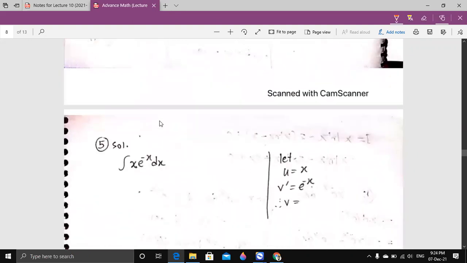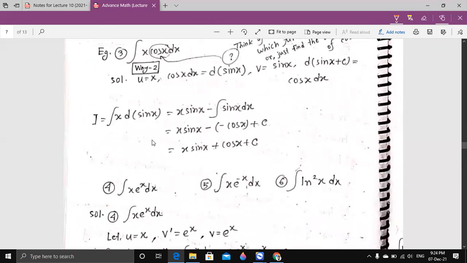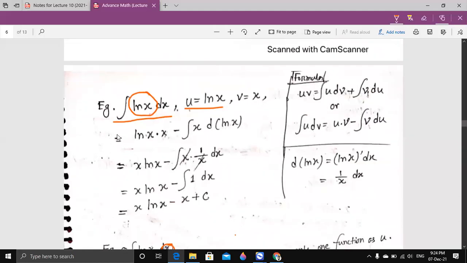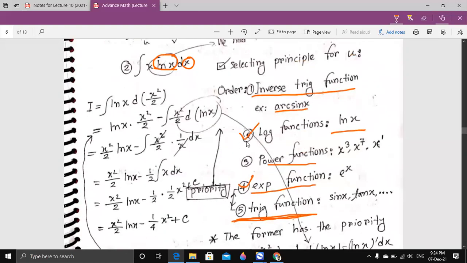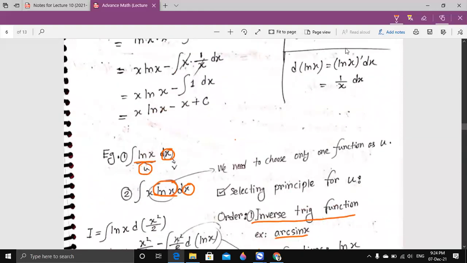So in this example, we have integration of ln x dx. This ln x is a log function, right? So we let ln x equal u, and then we have x here, so we let this x equal v. So we get u and v.